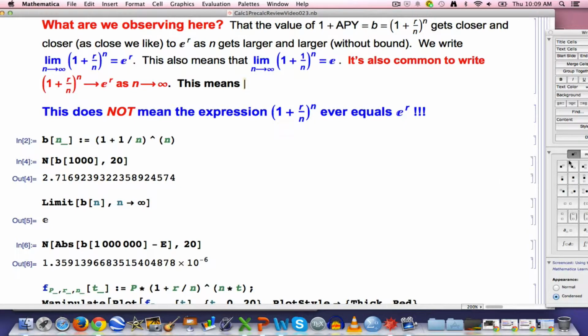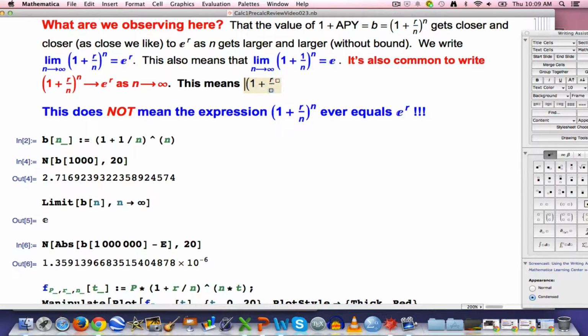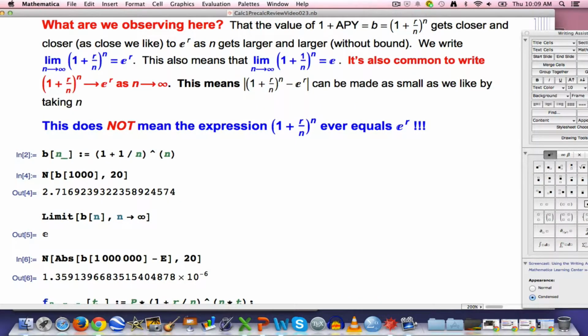The absolute value of 1 plus r over n to the n power, talking about this particular limit here, minus e to the r power, that absolute value, that distance, can be made as small as we like by taking n sufficiently large. The absolute value of the difference of those two expressions represents the distance between them. If this limit is true, that distance should go to 0.